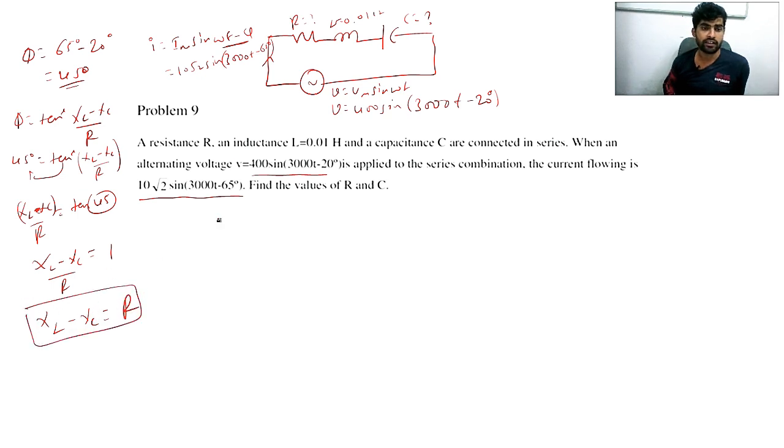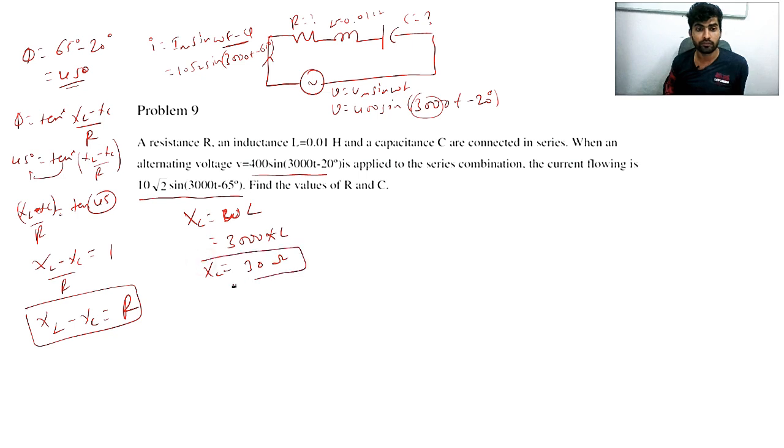XL we can calculate using this value: XL is equal to omega L, or 2 pi f L. Omega is given as 3000, so omega into L, you will get XL is equal to 30 ohm.